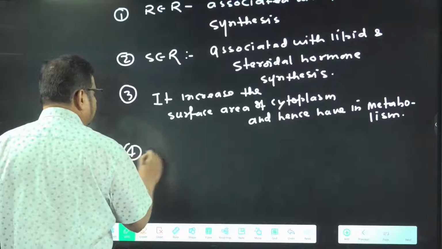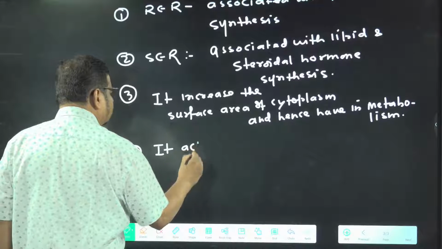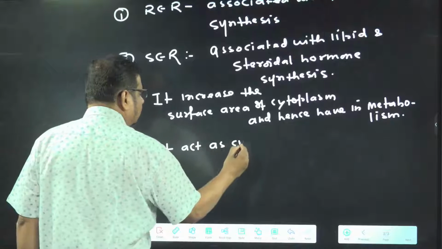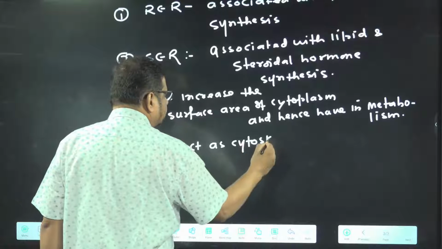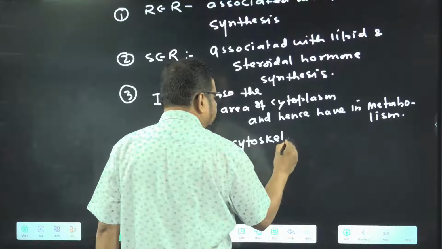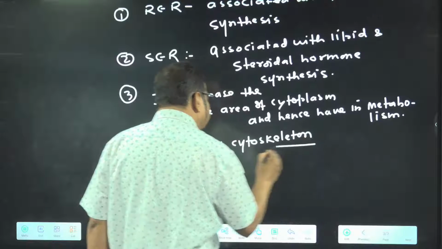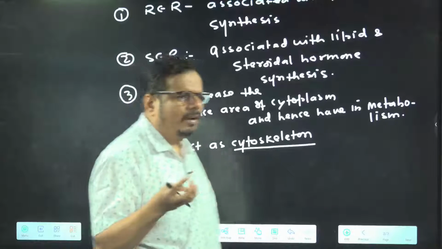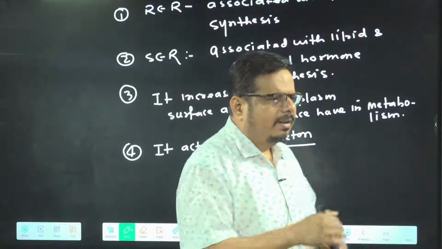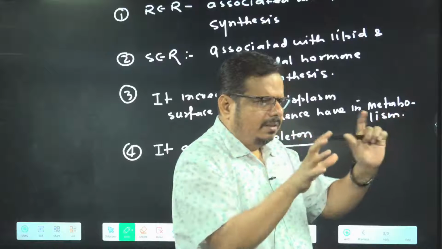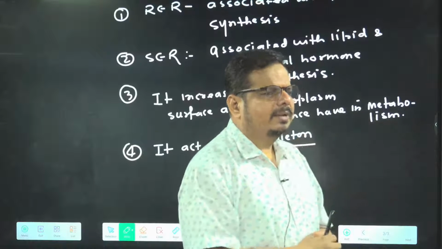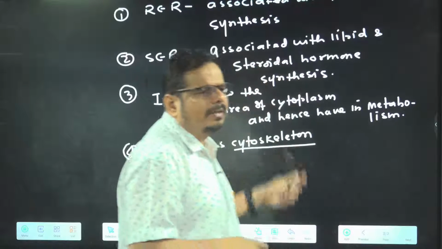Fourth function, it acts as cytoskeleton. Function of cytoskeleton is what? Microtubule, microfilament, intermediate filament. A structural shape, support, such kinds of functions are there. It is also provided by ER.